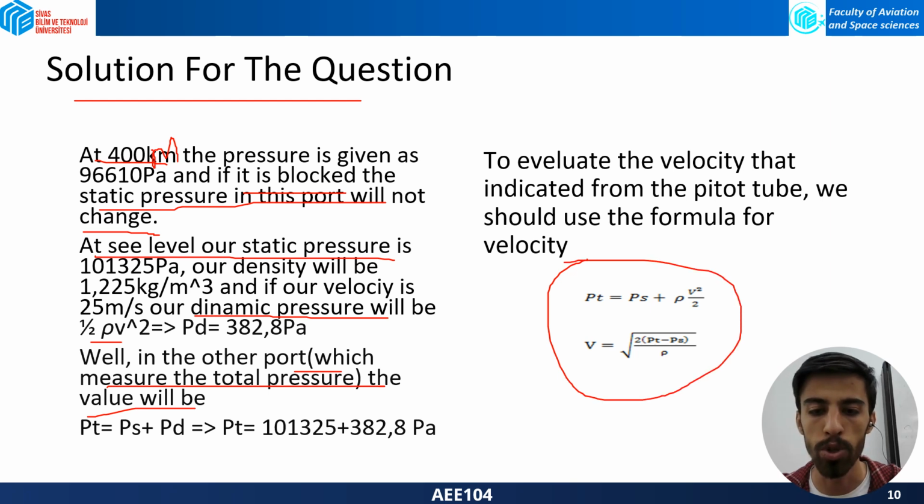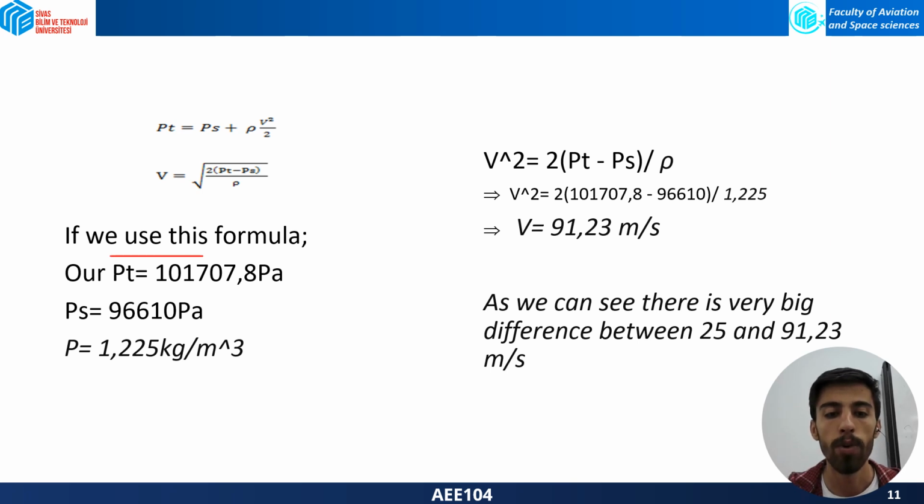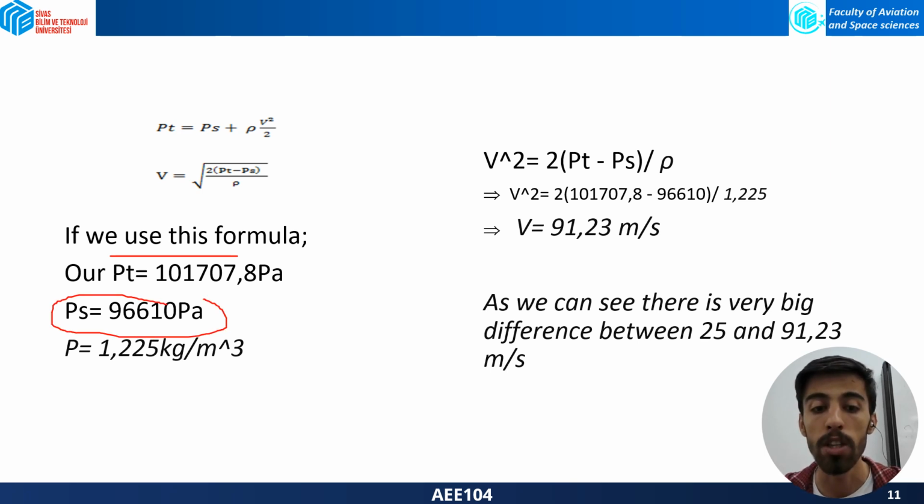To evaluate the velocity indicated from the pitot tube, we should use the formula for velocity which I showed you before. Using this formula, the total pressure as we evaluated is 101,607.8 Pascal, and the static pressure, as the equation said, since the static port is blocked, will be constant, as given in the question, 96610 Pascal, and rho, which is density, is equal to 1.225 kilogram per meter cube.